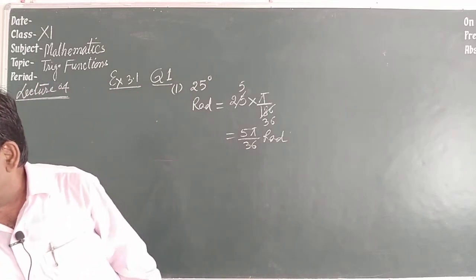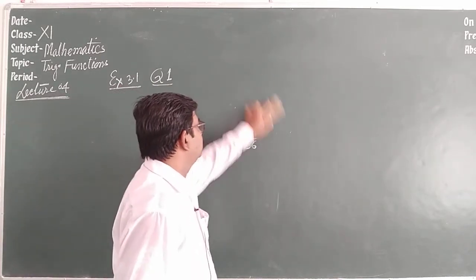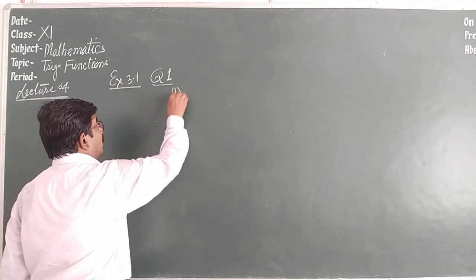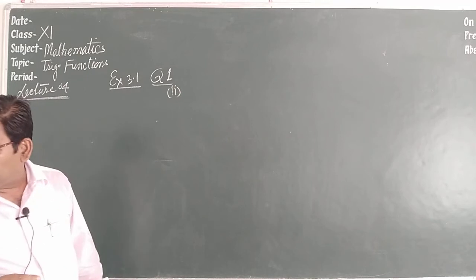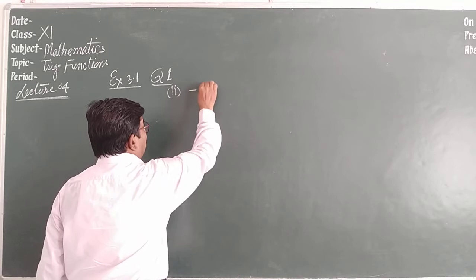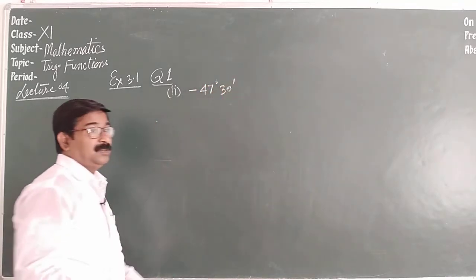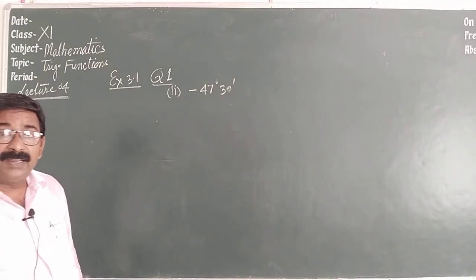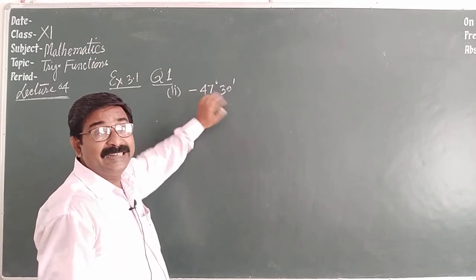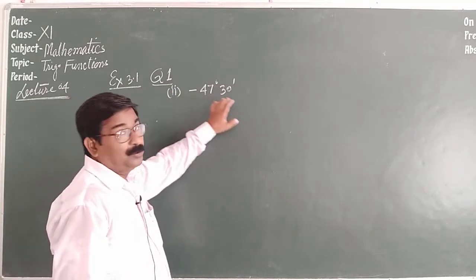See the second part of the question: minus 47 degree 30 minutes. Unless we change the angle into degree, whether it is given in degree, minute, second, we must change it into degree.